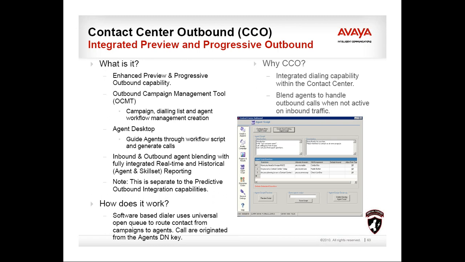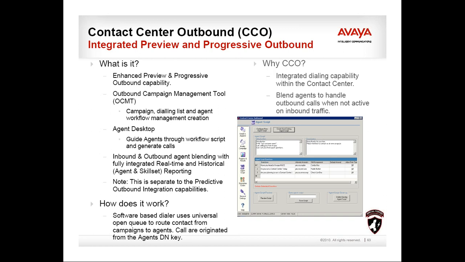This is a nice out-of-the-box feature, the Outbound Contact Center. So today, those of you that may be using dialers or separate, let's just say separate outbound applications, you can bring that in-house. You can bring that into your Aura Contact Center. It's out of the box, so it's not a separate platform, and also has the ability.